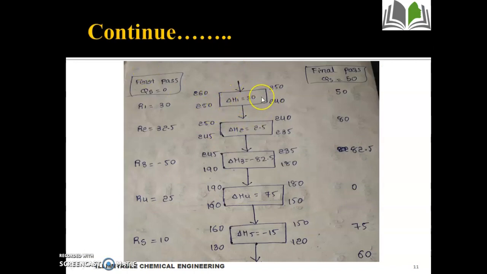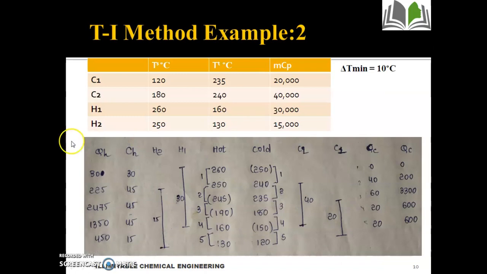So this data is in 10^4. So 300 minus 0 will give you 300. Similarly 225 minus 200, that is into 10^4. But in delta H1 it is written into 10^4, that's why it is 30. It is 2.5. It is 82 minus 82.5.